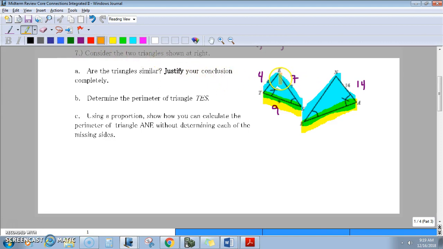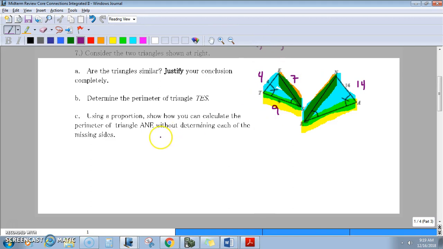And then ES should correspond to NK or whatever it is, because those are between the same angles. Remember, one of the ways that questions like to trick you is by putting the sides of the triangles in a different order.